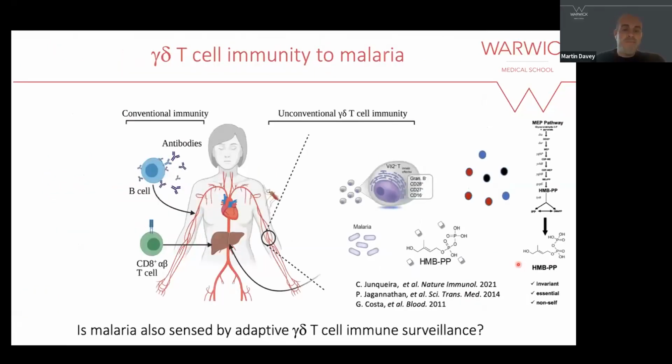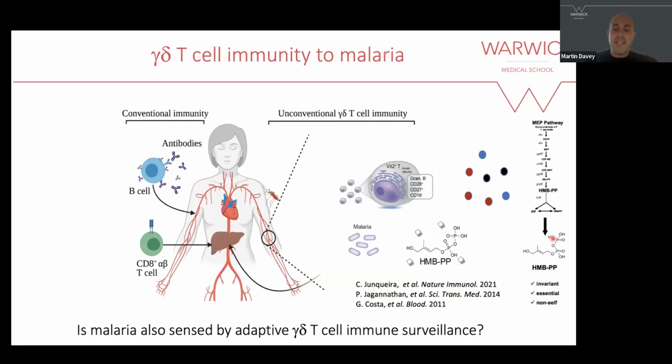The literature around gamma deltas in immunity to malaria at the time was really focused on V delta 2 T cells and this innate response. And that's quite simply because malaria parasites make a vast amount of isoprenoids, which are generated through the MEP pathway for lipid synthesis.